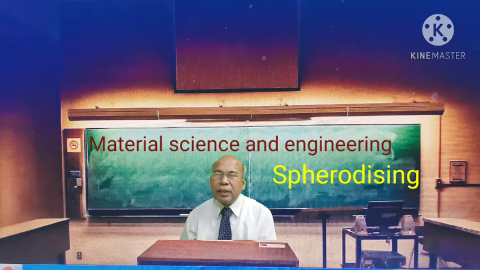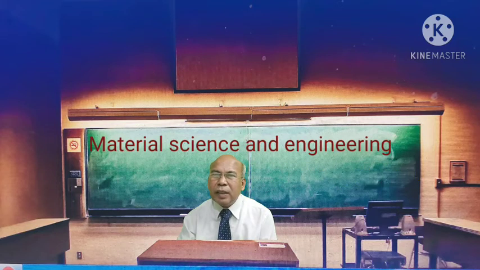For this, the metal is heated up to 700 degrees centigrade and kept at that temperature for about 7 hours, and then it's cooled very slowly by switching off the furnace, and the metals are removed after cooling. Due to the formation of spherical grains in the metal, the mechanical properties may be improved.